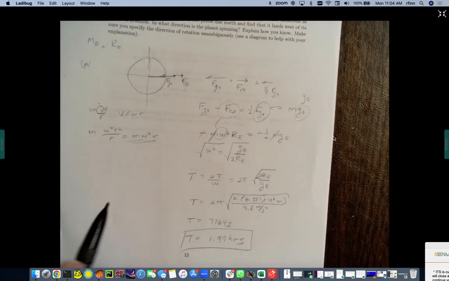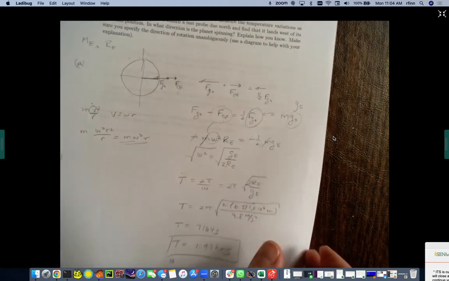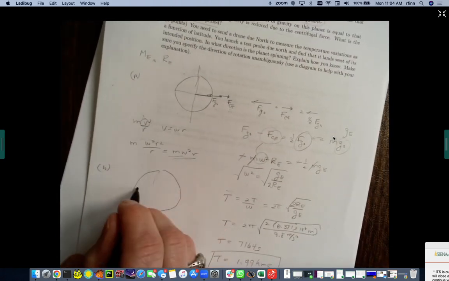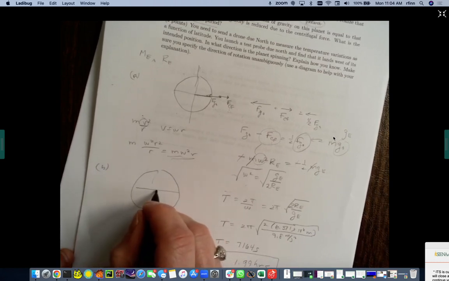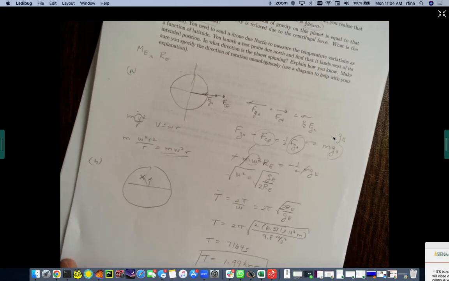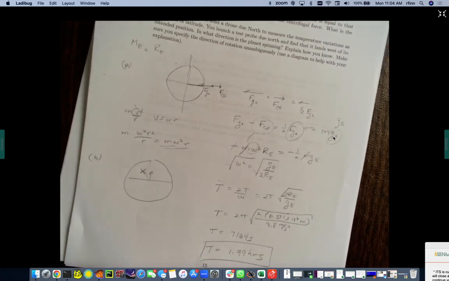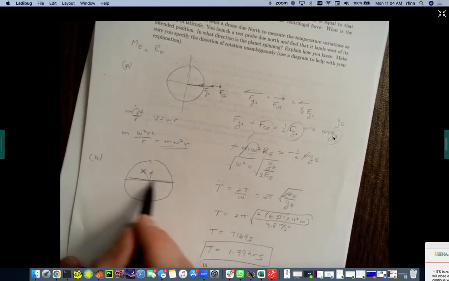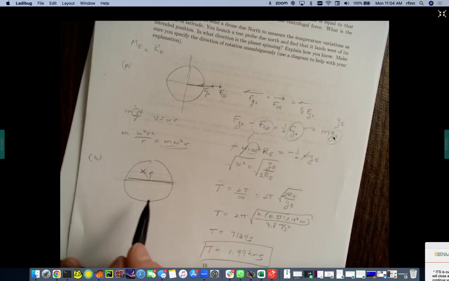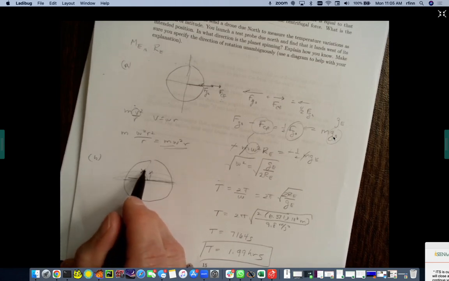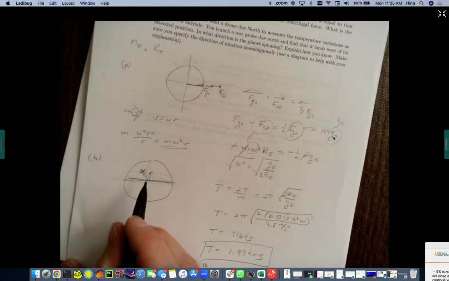Okay, and then part B says that we're traveling from the equator. We're going to send a drone due north, and we find that it actually ends up west of where it was supposed to. So from that, what do we know about the rotation direction? Remember, things at the equator are spinning with a larger linear speed. So when they move up in latitude, they're going to be bending in the direction of rotation because they're moving faster than everything that's north of them.